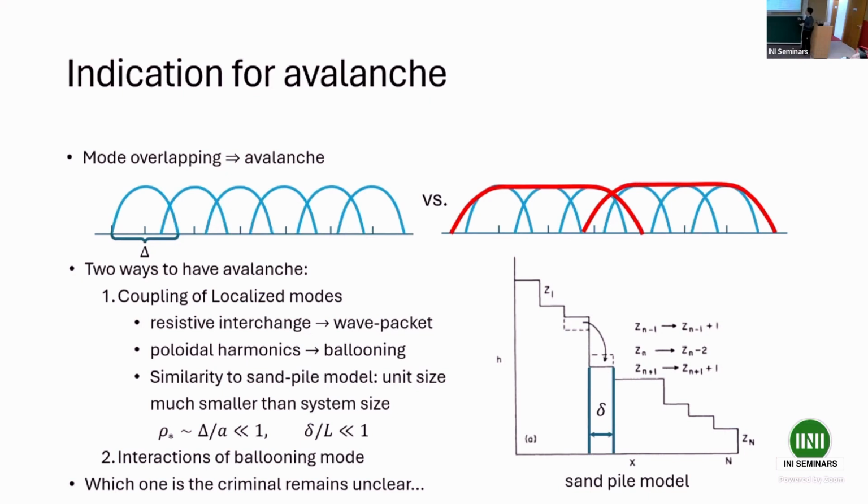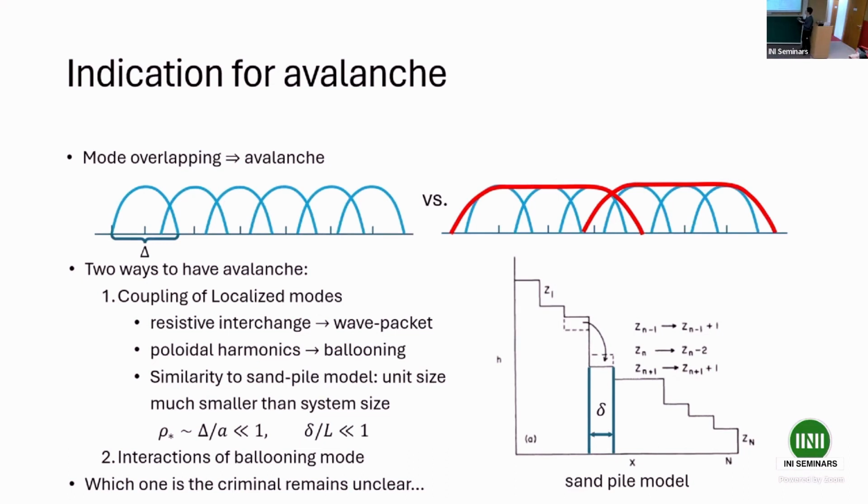However, there is another possibility, because as I just showed, there is a non-trivial, maybe weak, interaction between the ballooning modes. So instead of having spatially localized modes overlapping each other, we can have the interaction between broader ballooning modes.